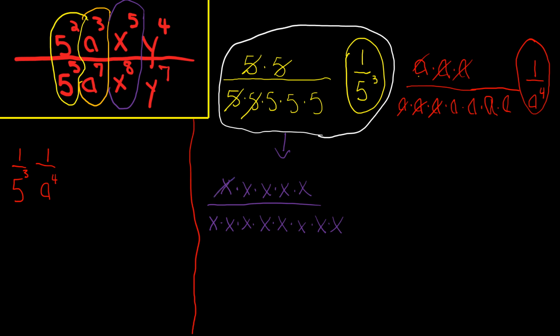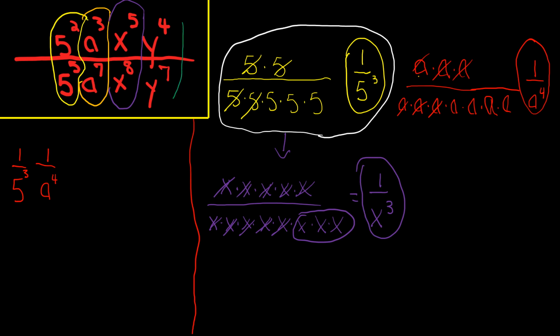So we already know 1, 2, 3, 4, 5. 1, 2, 3, 4, 5. So we have 3 left at the bottom. So we just add 1 over x cubed. There you go, you have that one.